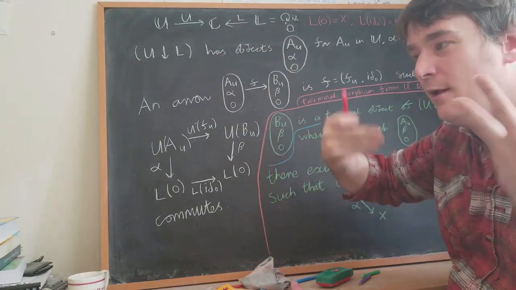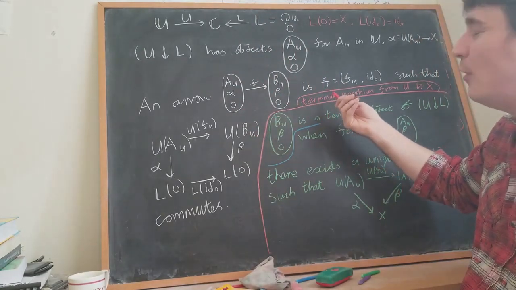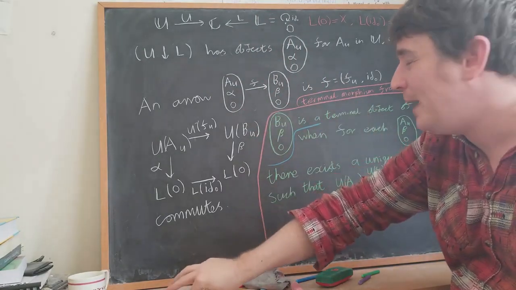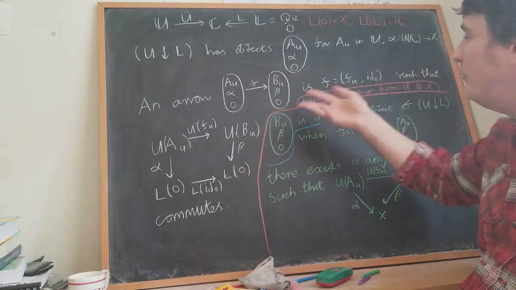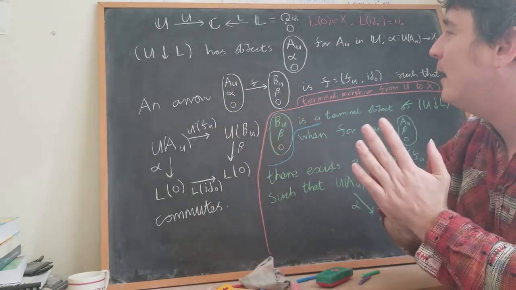That's simply an equivalent definition of a terminal morphism. So we're basically going to get a view of terminal morphisms as terminal objects in a special category.